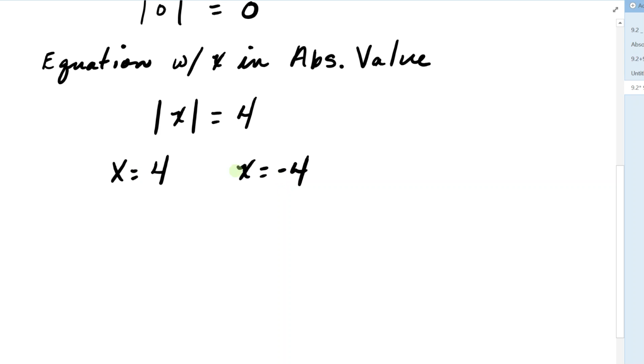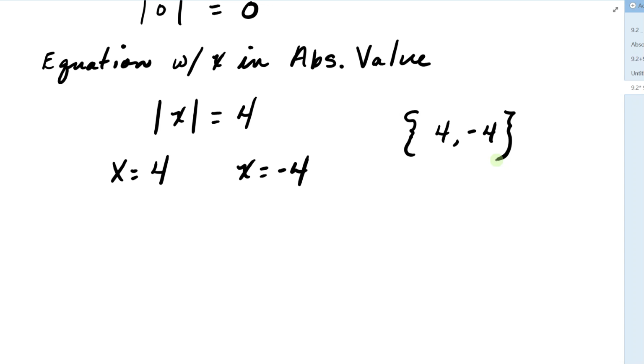Either of those would make the original statement true. The solution set in set notation is 4 and negative 4. It does not at all matter what order you put them.